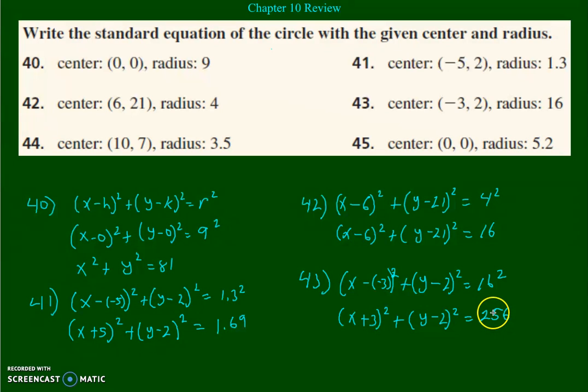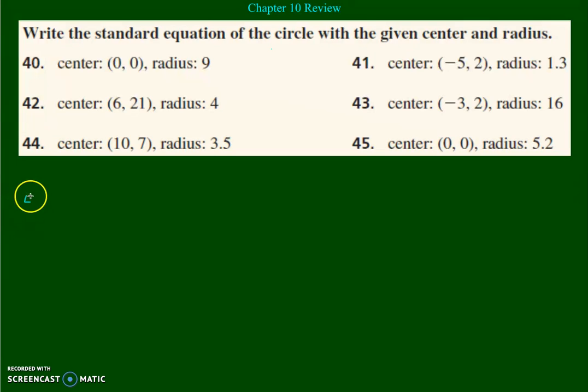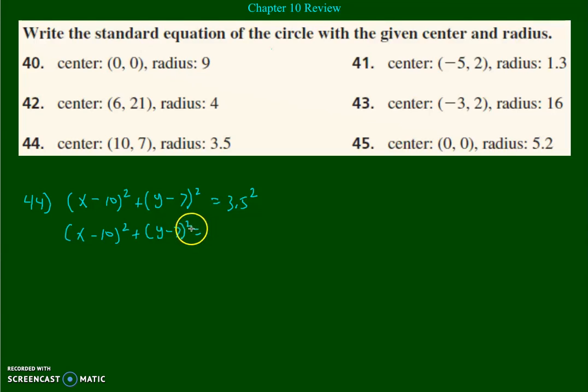I'll go ahead and erase the board for problem 44. And for 44, we have x minus 10 squared plus y minus 7 squared equals 3.5 squared.